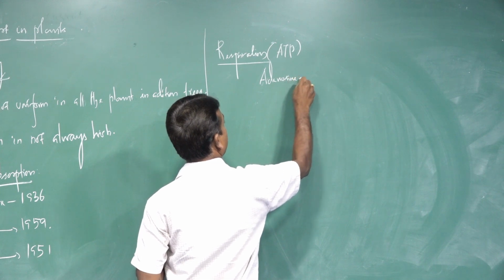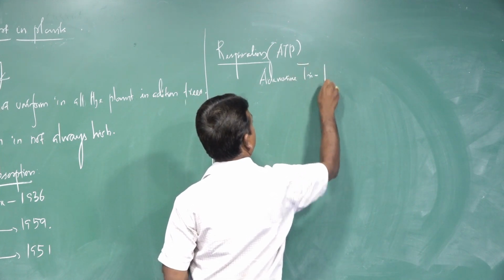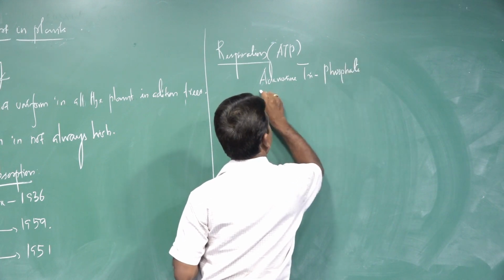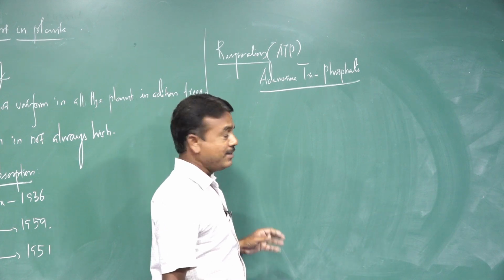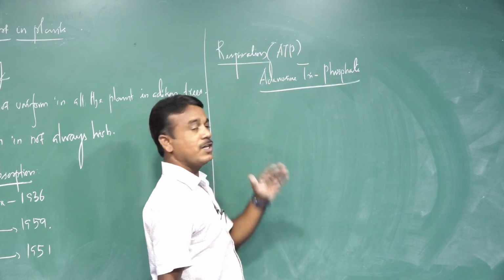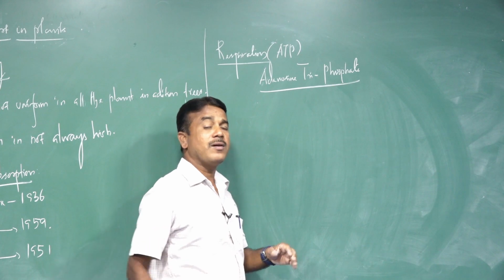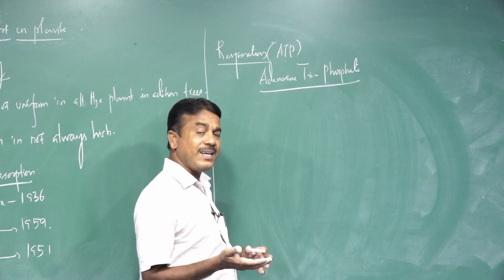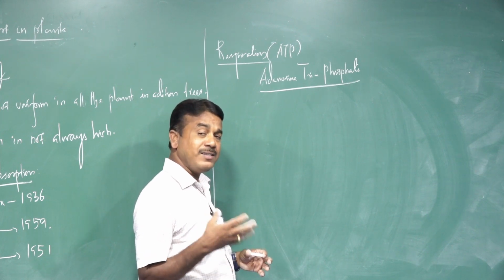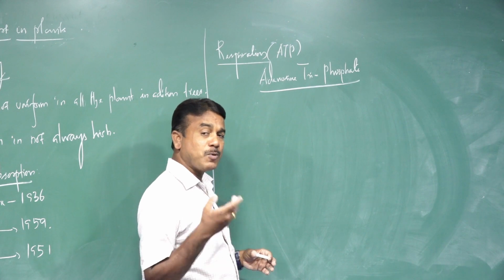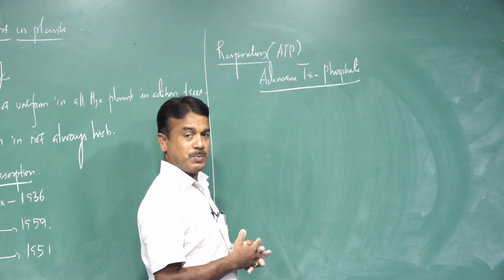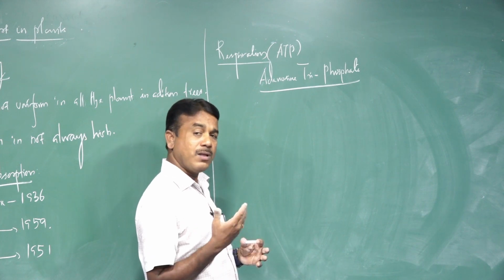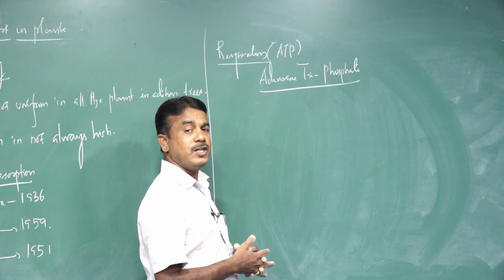Adenosine triphosphate. That is the energy component obtained through the process of respiration. So in non-osmotic active absorption, the energy is produced by respiration, and it is given as ATP, adenosine triphosphate.